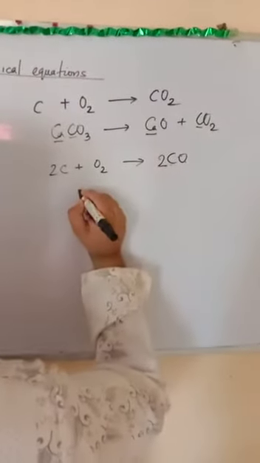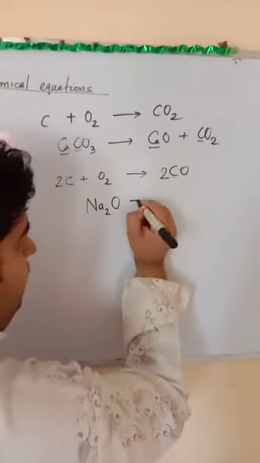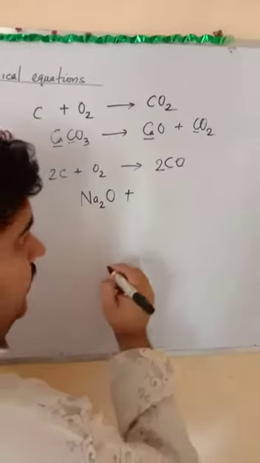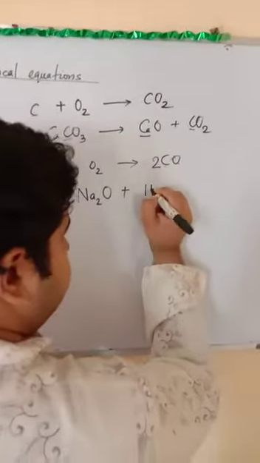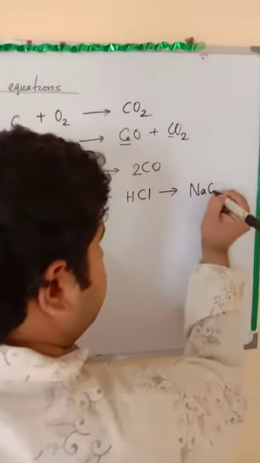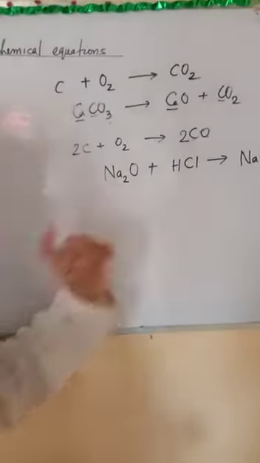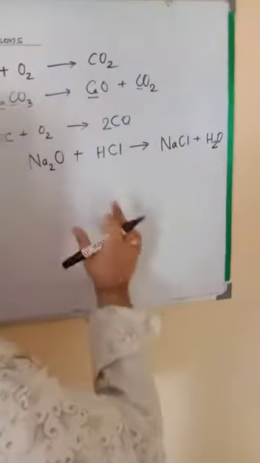Now take the example: dissolution of sodium oxide in HCl, giving NaCl and H2O. See, both sides are unbalanced.